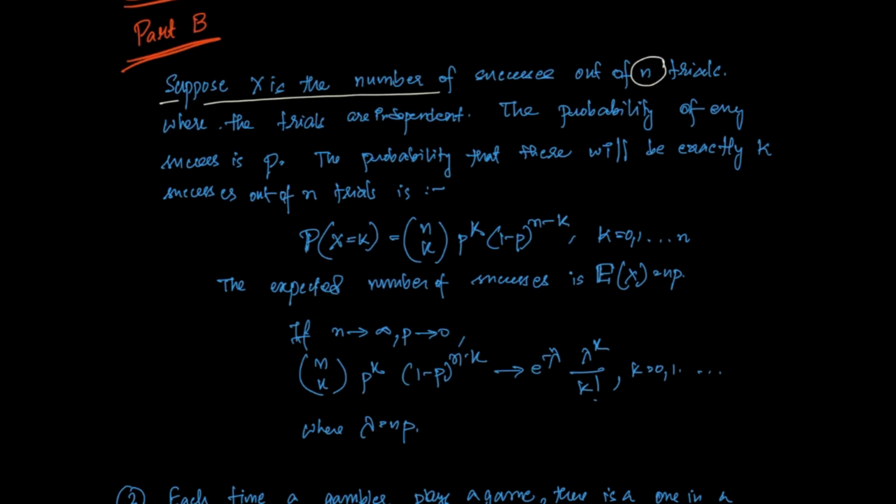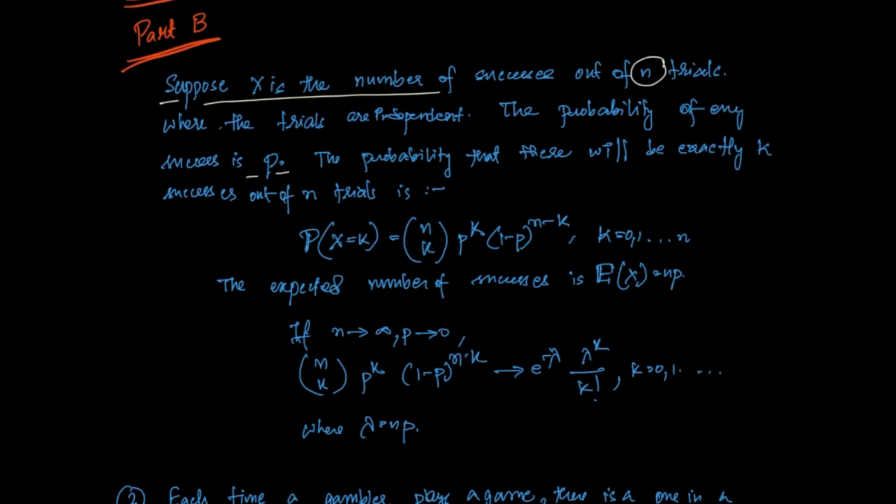And of that, we're counting how many of those results are a success, which is denoted by this capital X. We write this variable in capital letters by convention to denote a random variable, which is a variable whose value is random. The trials are independent, so every trial is independent from the others. The probability of any trial resulting in a success is P.